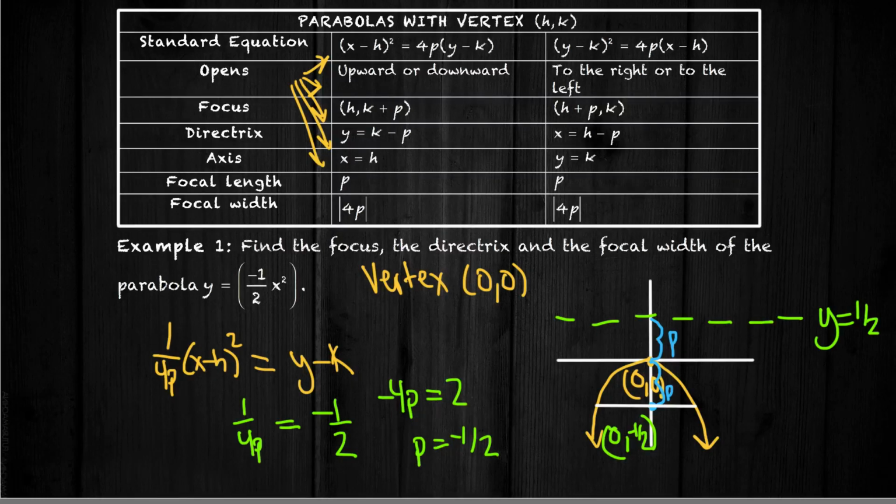And so p is -1/2, so it will be 4 times -1/2. And so that's going to be -2, so the absolute value of -2 is 2. So this distance from here to here is 2, and that is the focal width. This p is the focal length, that's 1/2. The focus is 0, -1/2, a point inside the parabola, and then the directrix is going to be y equals 1/2.